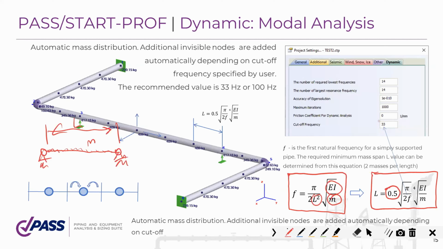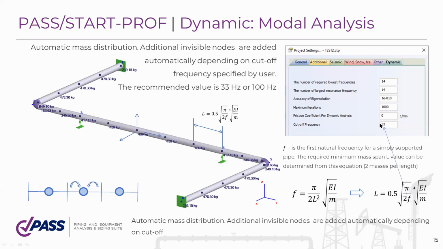Now, if we specify the cutoff frequency, it will go into this equation, and after calculation, you will get the maximum span between masses. So you need to split your piping system into several parts, and each part should not be greater than this value. START-PROF does this automatically, so you can specify the cutoff frequency.